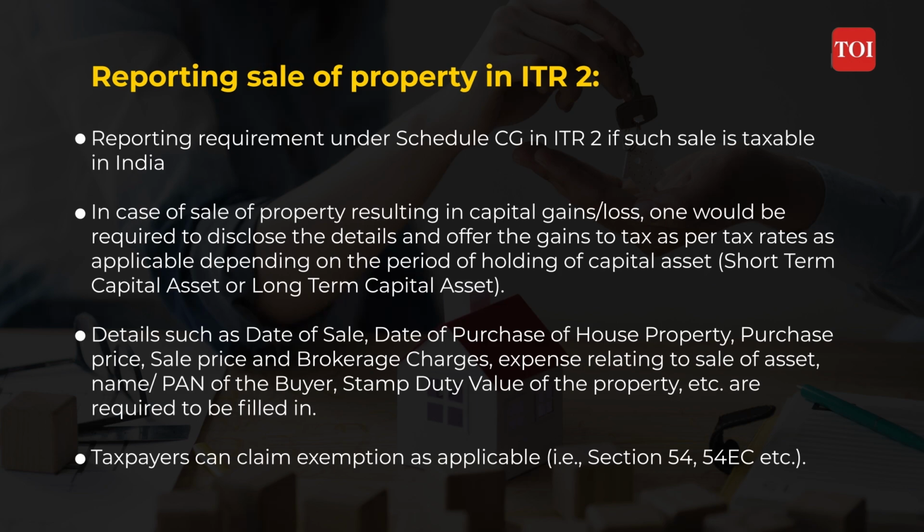Very often individuals sell a property and want to purchase another property or invest in certain specified bonds to get certain exemptions or rollover relief from long-term capital gains, popularly in tax the section 54 exemptions. If you're claiming those exemptions by investing in another house property, then those disclosures are separate.